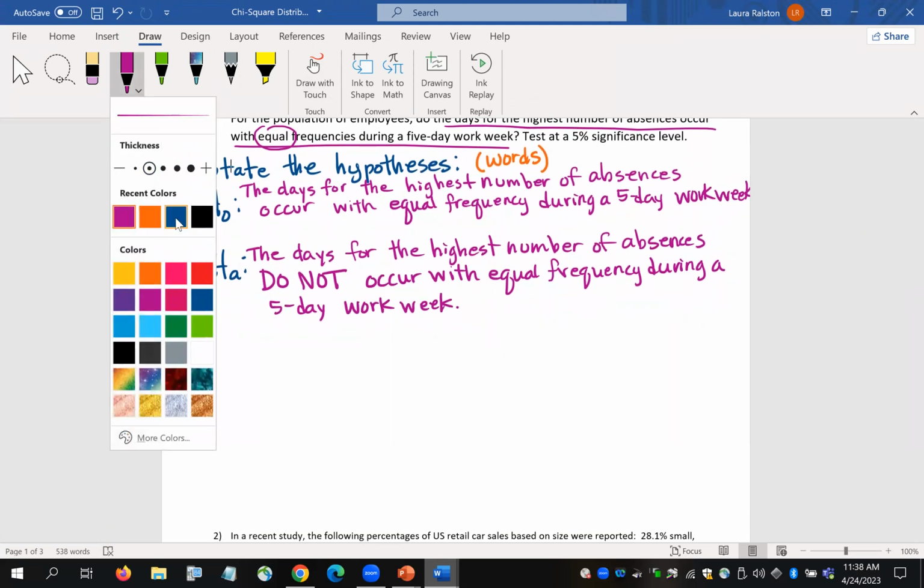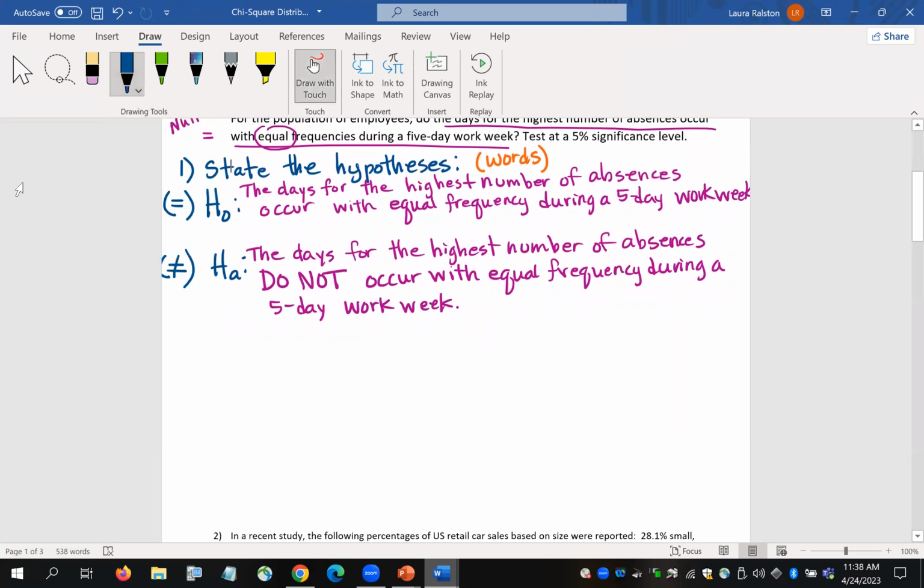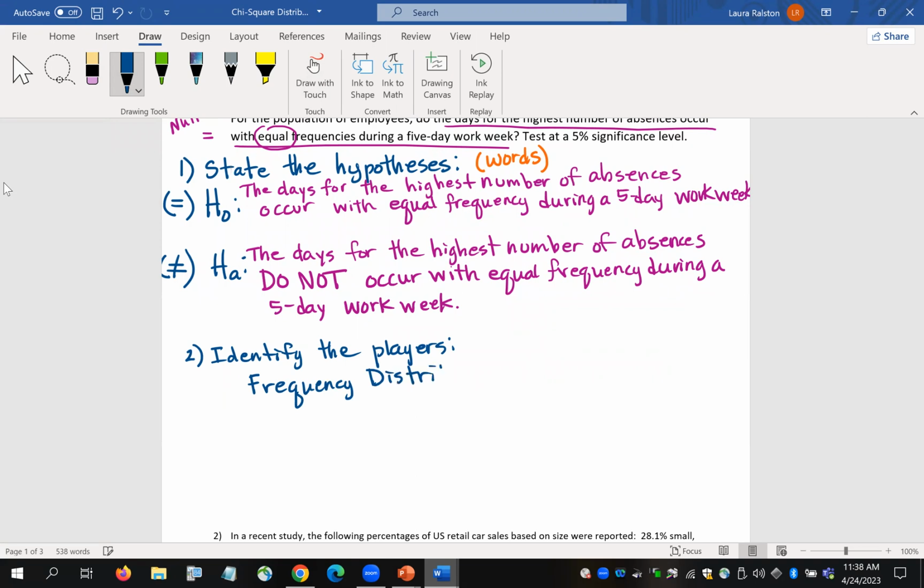Step 2 is to identify the players. The players here, you've already been given the frequency distribution, because that frequency distribution is your data, and it's given in the problem.